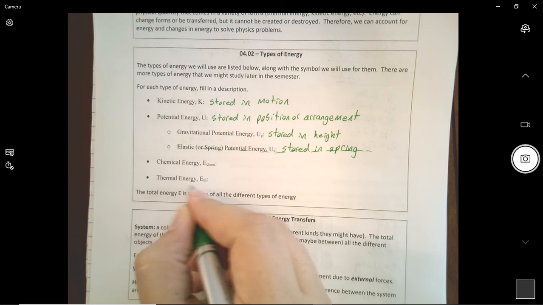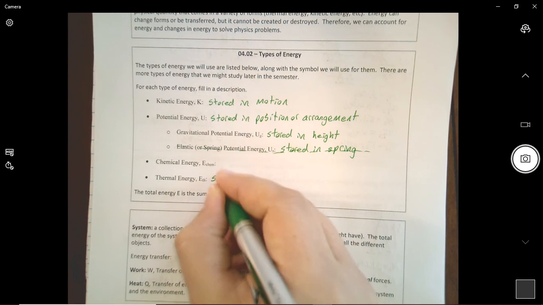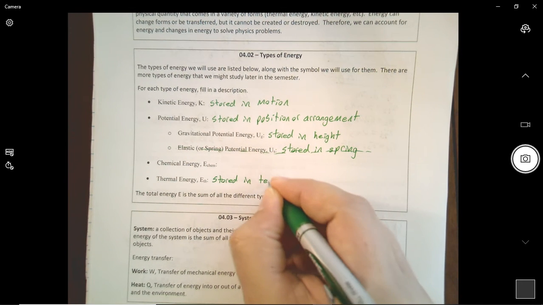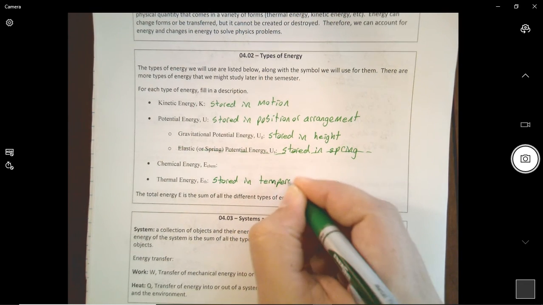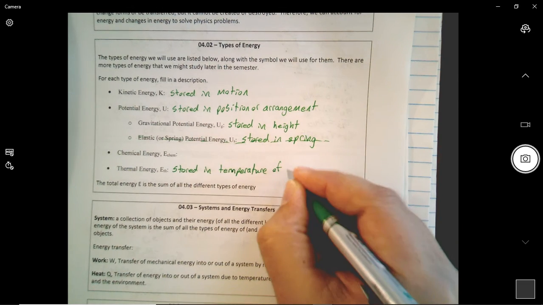And then there's also thermal energy. And so this is energy stored in the temperature of a substance.